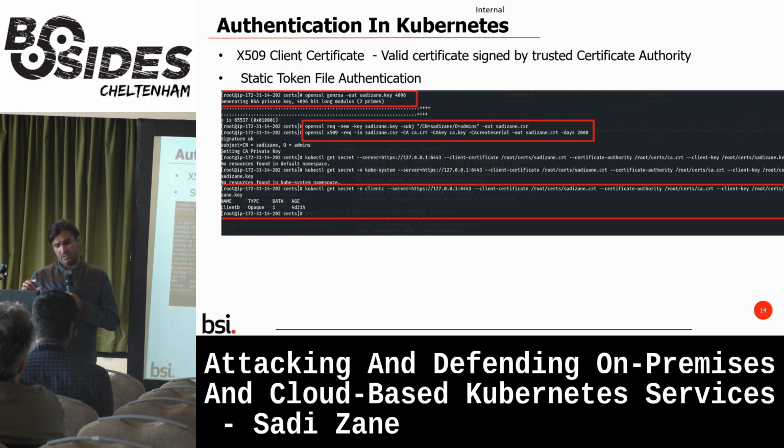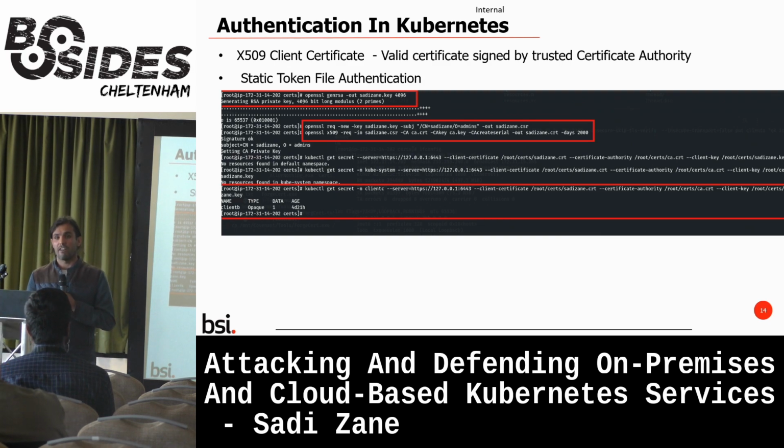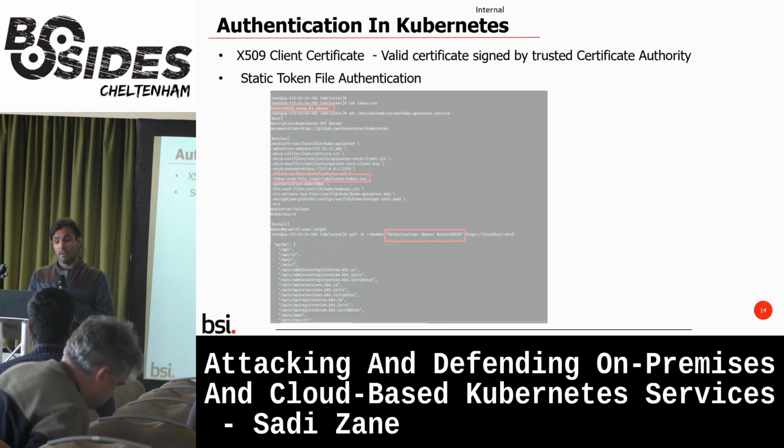As you can see at the bottom, I'm using the client certificate, the .crt file, as well as the client key in order to access the Kubernetes environment. So essentially you have to have a certificate in order to authenticate to the Kube API server.